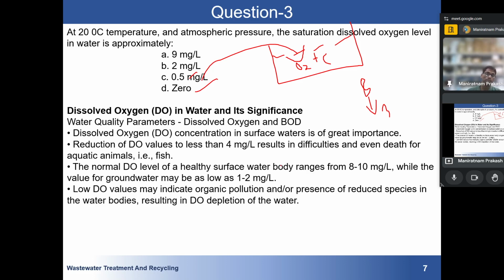So that's why it is said that when we are discharging our wastewater to a freshwater body, we have to make sure that all the organic matter is treated, and no organic matter is thrown to the freshwater, because that will simply decrease our dissolved oxygen, and that will be an indication of pollution.